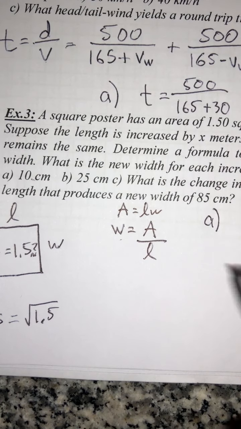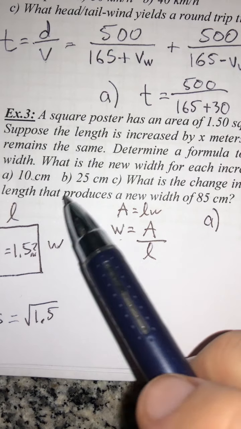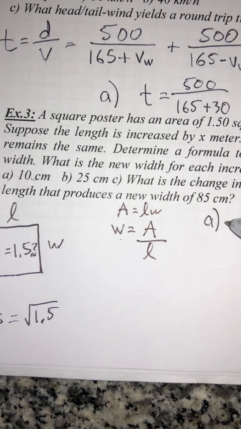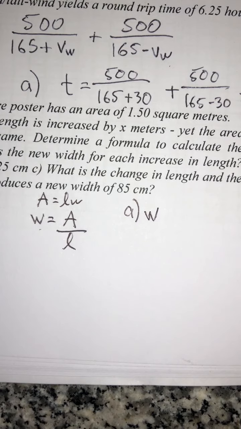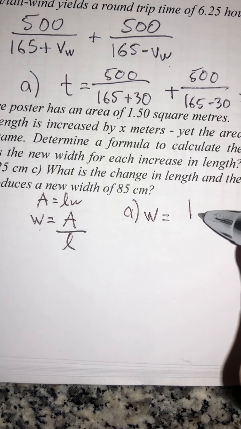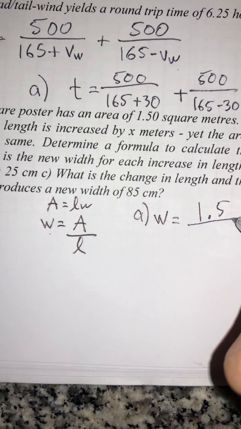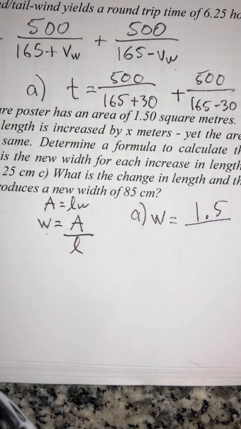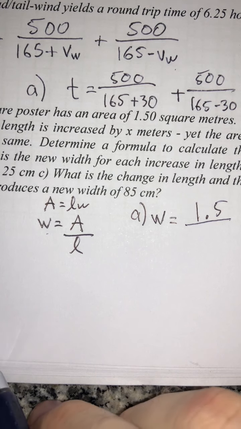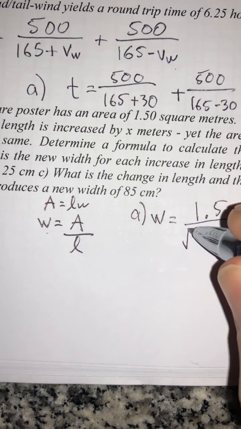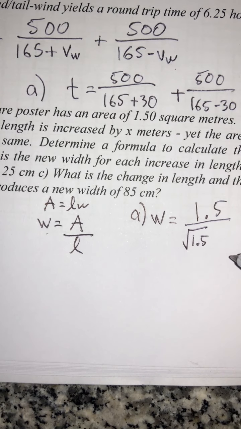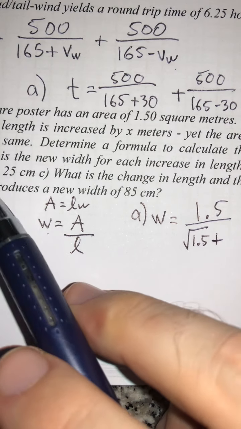A, we're told what is the new width if I increase by 10. So what is my width when my area stays the same, 1.5, over my width for this. So my original size is square root of 1.5 plus, I'm going to add the new width.